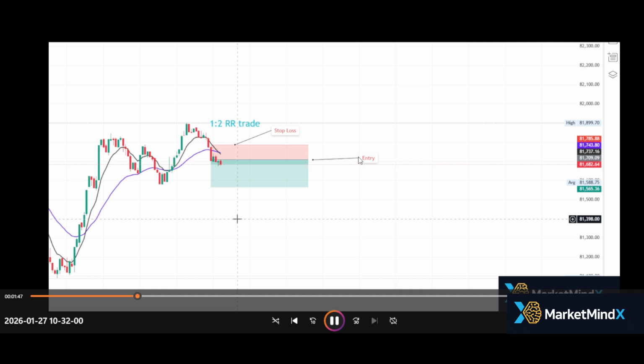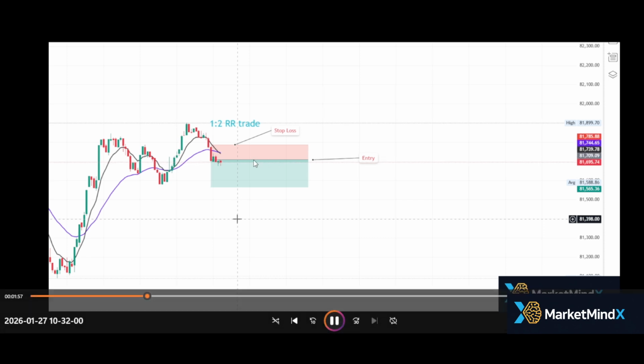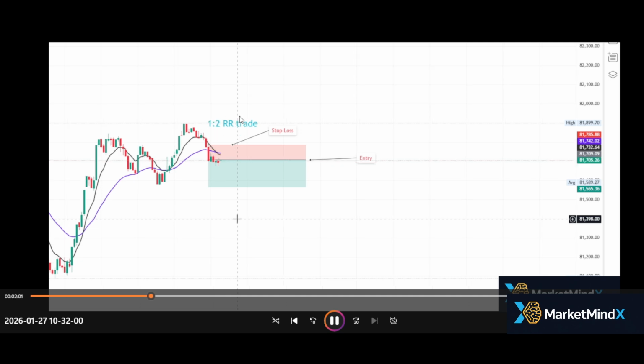We gave the entry at this particular price, and we had a stop loss of almost 68 to 70 points, I believe. According to that, in order to consider a 1:2 risk to reward trade, we had to keep a target of 140 odd points. We entered the trade, and let's see how it went.